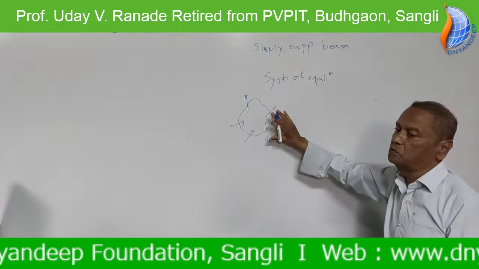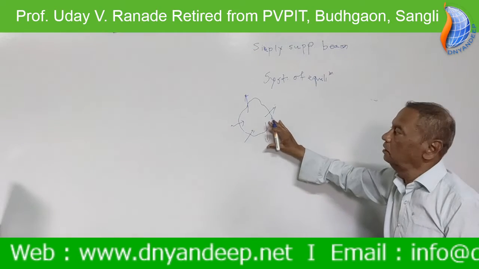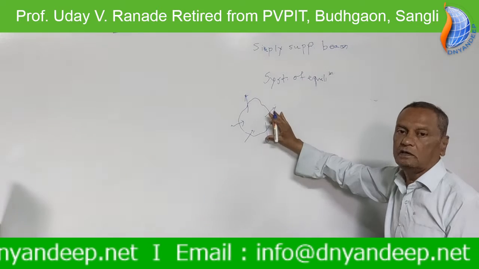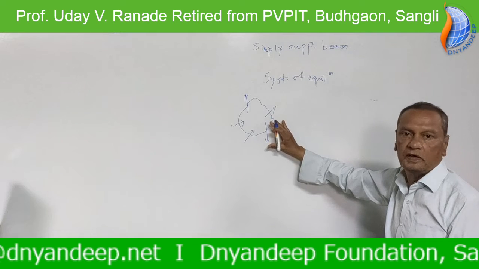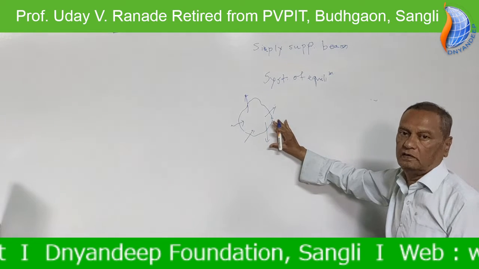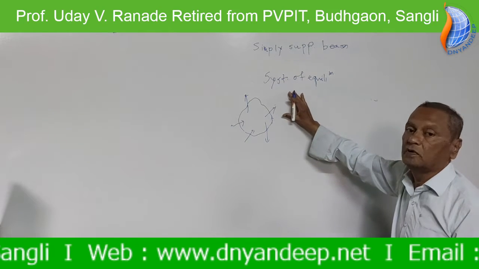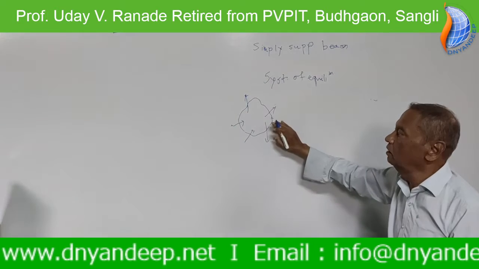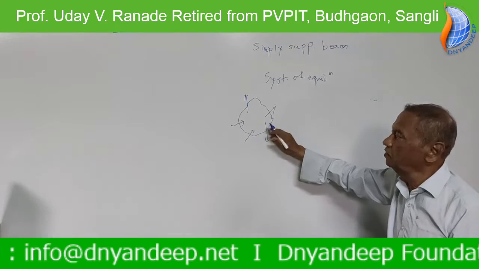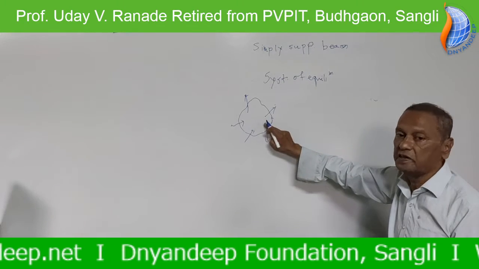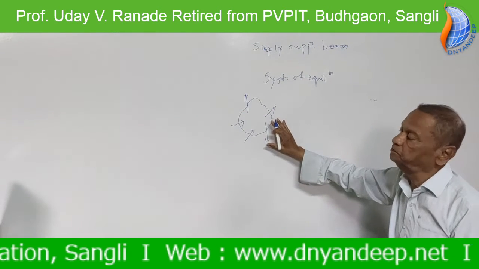If there are number of forces acting on the body, and if this body remains stationary, that is, it does not move or it does not rotate, it is having system of equilibrium. So it does not move or it does not rotate. This is the example. Suppose consider a stone, forces are acting, it remains stationary even if forces are there.